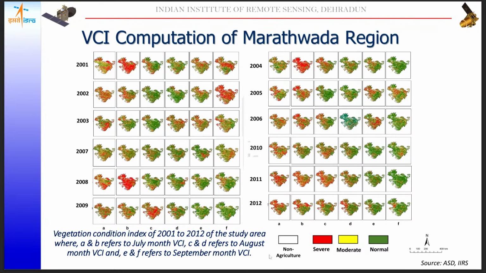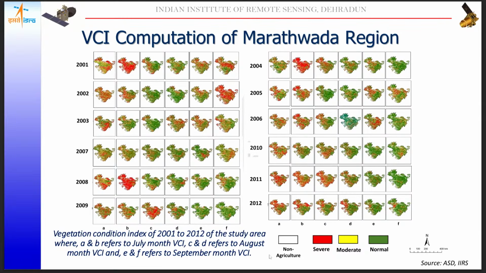Along with this, such kind of analysis also gives you an idea about, as you can see in 2002, there was a late season drought where more redness in the image, or you can say more severe drought conditions, prevailed in the late season, while in 2008 there was an early season drought. So you can say inter-season or intra-season variability, which we also encounter with such kind of assessment if you have more temporal resolution data sets.